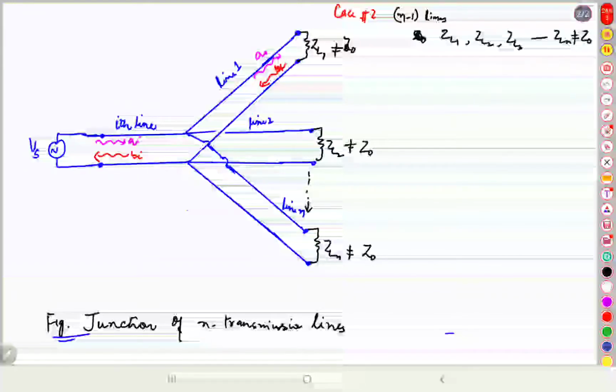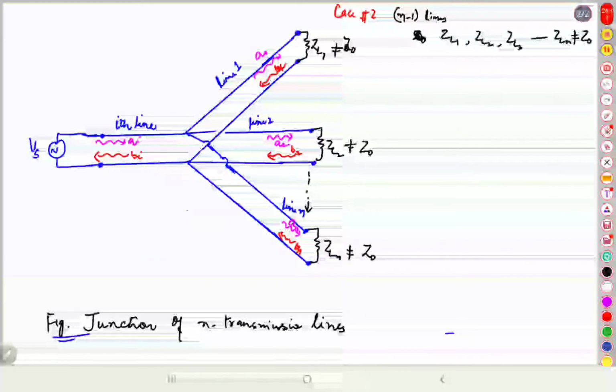Likewise, A2 is the incident wave, and B2 would be the reflected wave. So B2 would correspond to a reflected wave, and in this case B2 won't be equal to 0. Likewise, at the nth port, An corresponds to the incident wave, and Bn corresponds to the reflected wave.